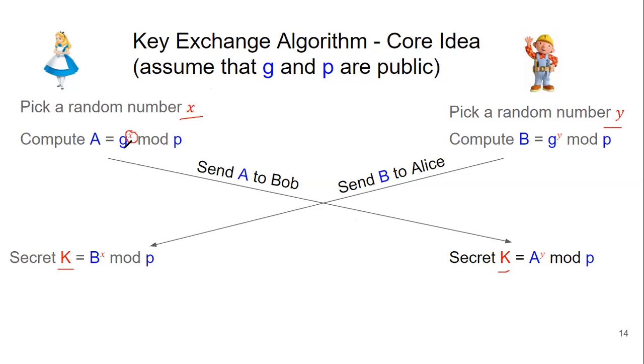Now if the attacker predicted X, it's easy to compute the final key K. He knows the public key sent by Bob to Alice, that's capital B, which is G power Y. Since he already derived X, he can now compute G power X, and so he also has the same key K.